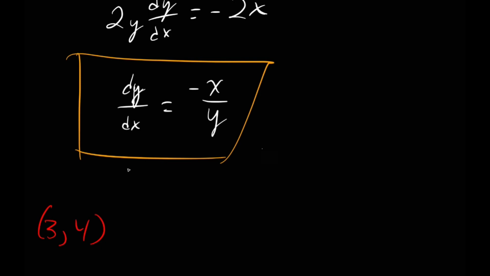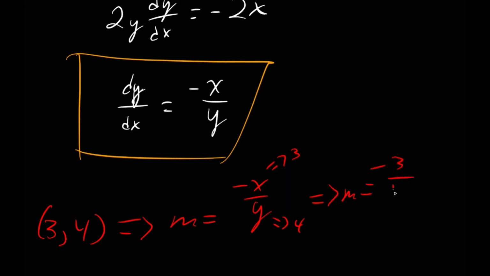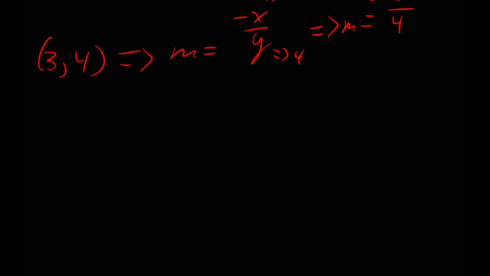We now know that if we were going to say, all right, well, m is equal to negative x over y, and x is equal to 3, and y is equal to 4, well then m is equal to negative 3 over 4, negative 3/4. Yeah? That's actually not too bad, is it? Now we can actually do some really cool stuff.